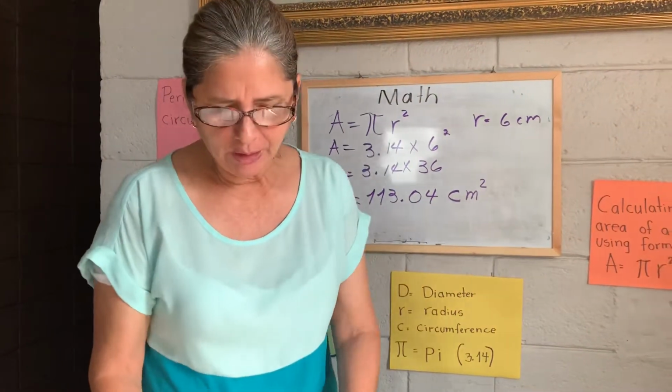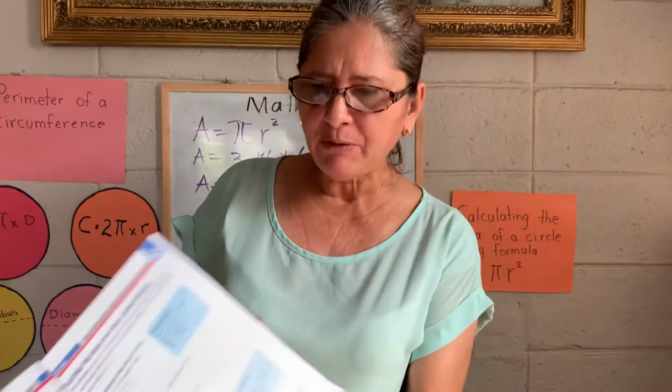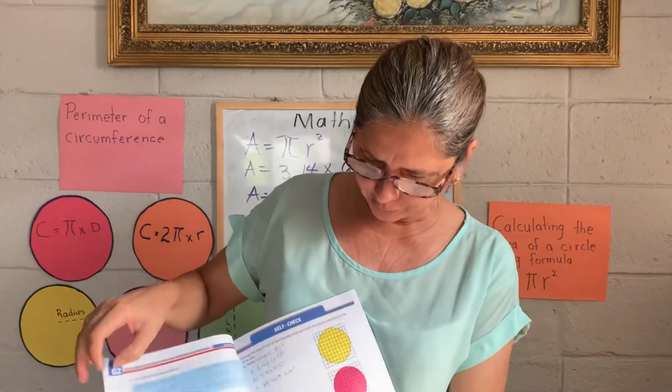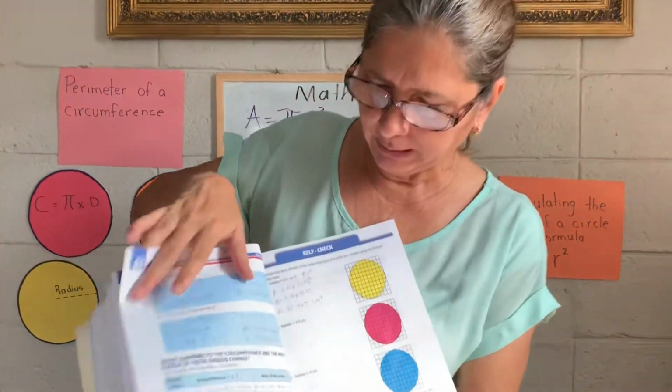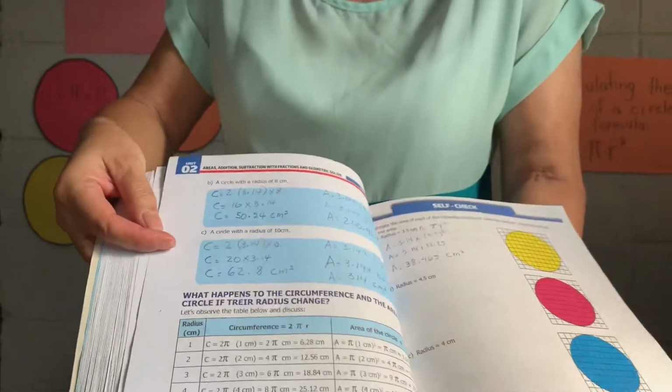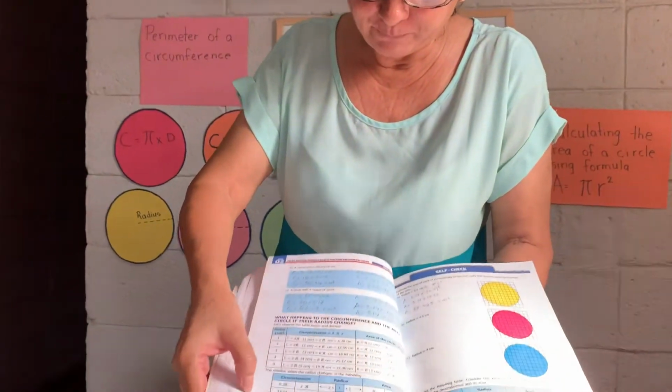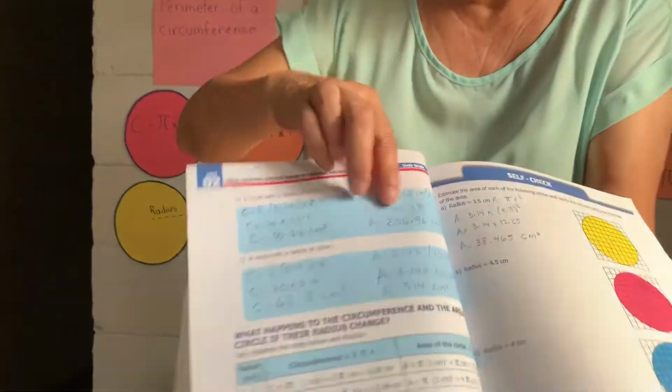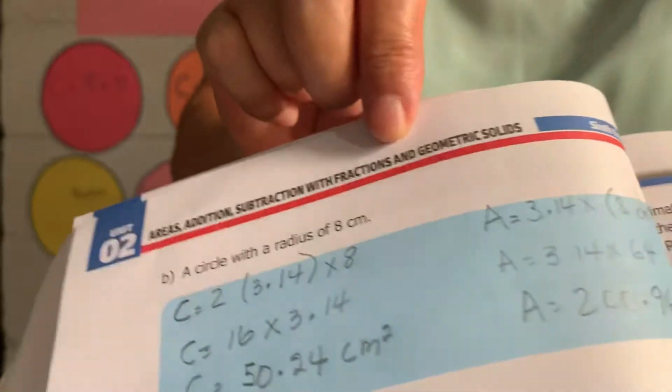In the assignment for today, or the homework for today, I want you to look at page 75, and look at page 76. The exercises are already done.